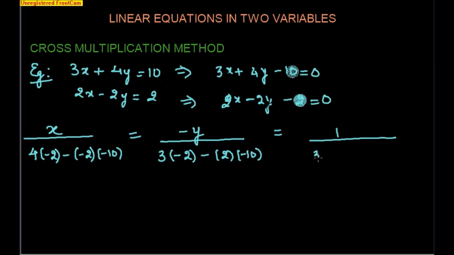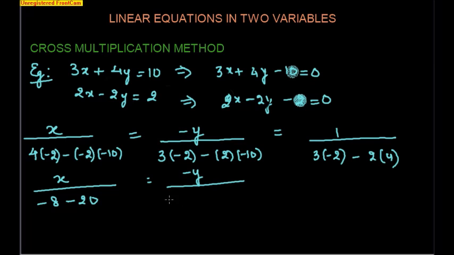So we get 3 into minus 2 minus 2 into 4. Now simple calculations are left. If you see, I multiply minus 4 into minus 2 becomes minus 8, and here it comes out to be minus 20. Minus y upon minus 6 plus 20 and 1 upon minus 6 minus 8.